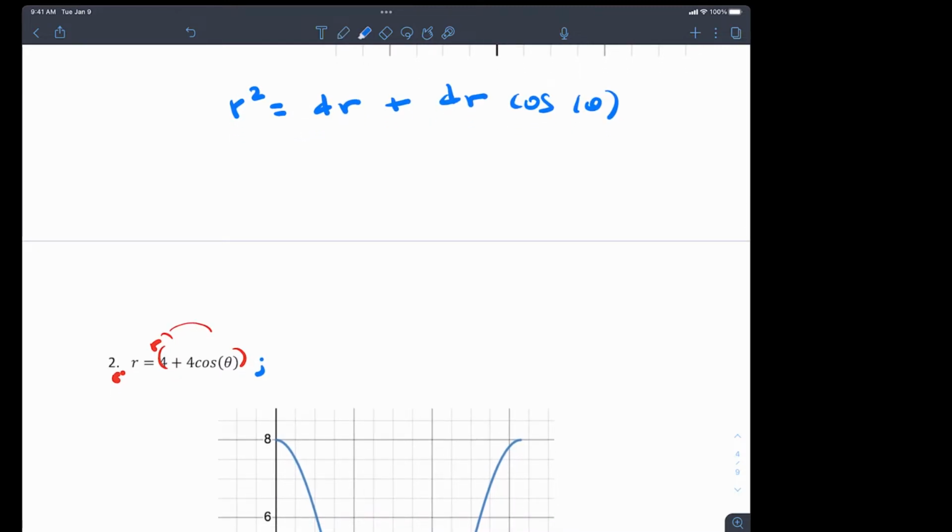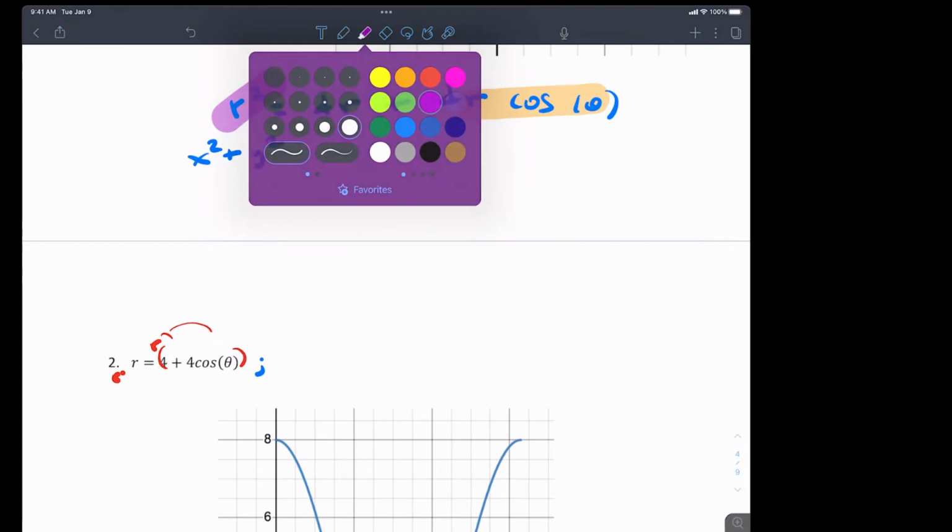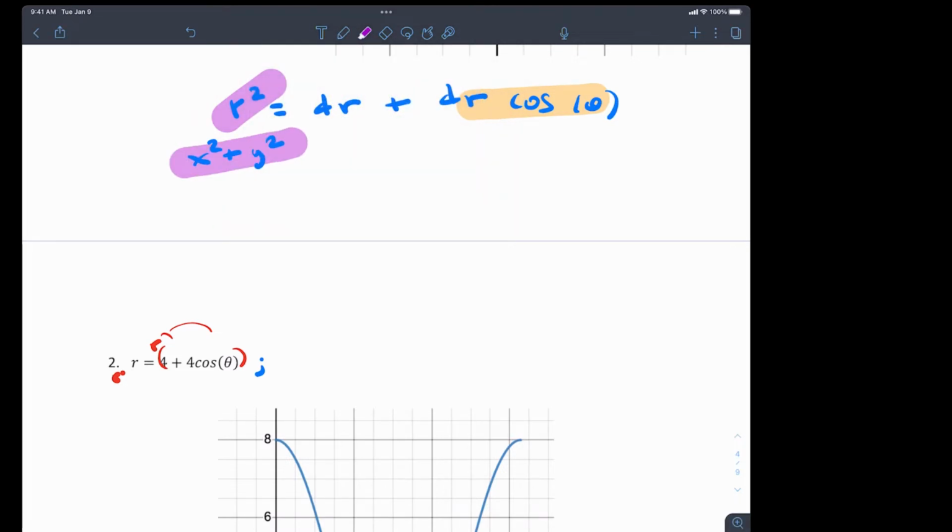And then I said, here's what you guys always want to know. R squared is something, and I think this is orange. What is r squared? Do you guys remember? X squared plus y squared. Replace that r squared with x squared plus y squared. We did. Replace r cosine theta with what? What is that by definition? That's x. You guys remember that?